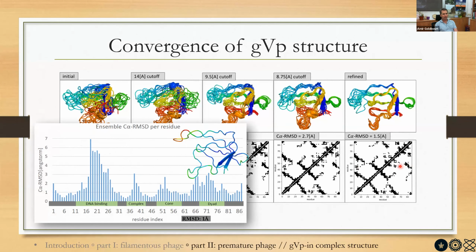Now you can draw the C alpha RMSD per residue, and then you see a clearer picture. So for the DNA binding loop, the RMSD is large because we don't have many restraints for this part. And we are sure that once we get these distances from the DNA, this will be much better defined.